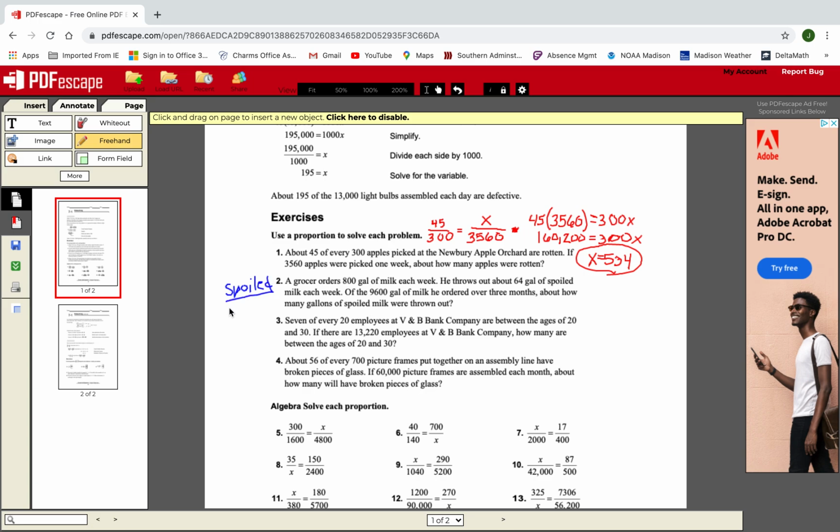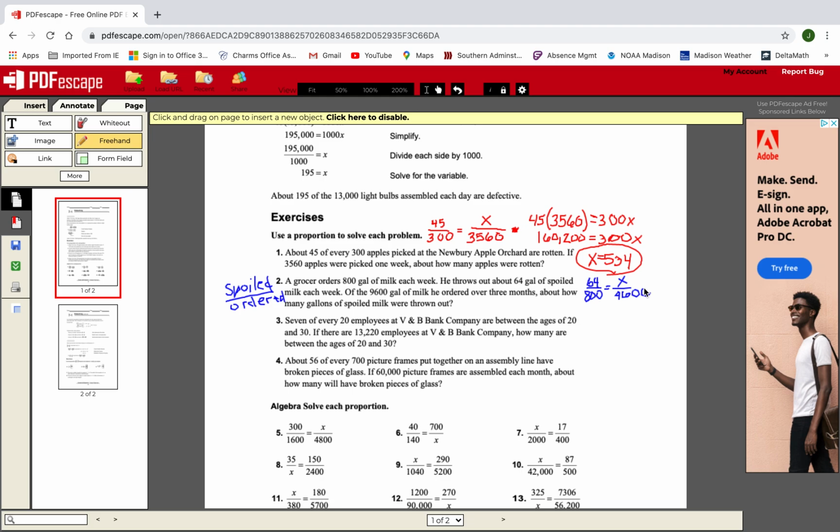Spoiled over ordered. Okay, so 64 spoiled out of 800 ordered a week is going to equal how many spoiled over 9,600 ordered.